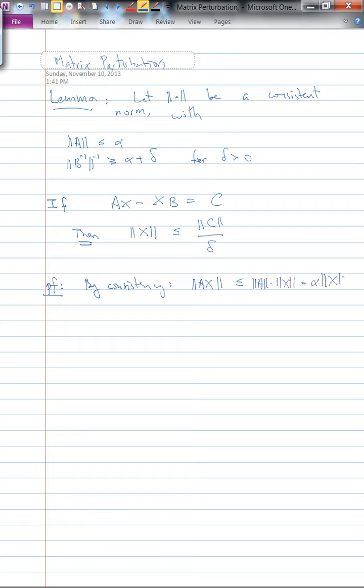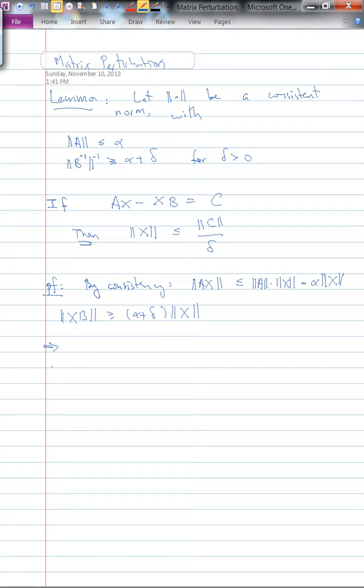And similarly, we also know that the norm of XB is greater than alpha plus delta times the norm of X. Note again that this is why I needed that inverse result, because otherwise the submultiplicative property would be giving me the wrong inequality.